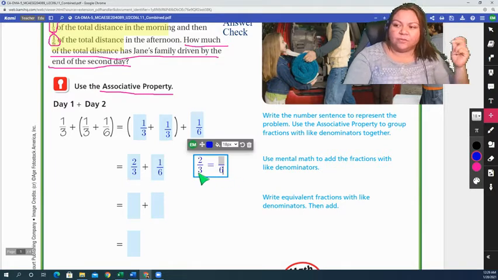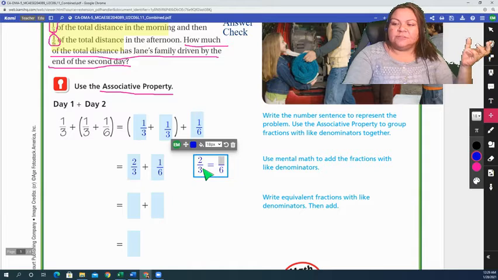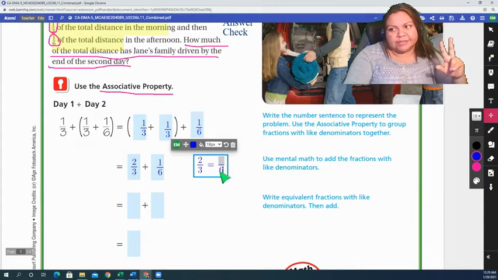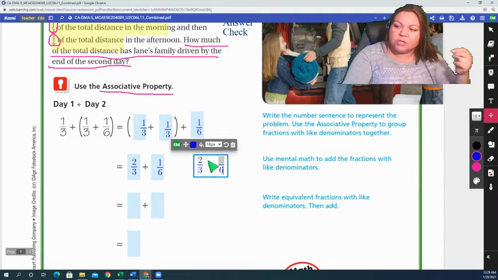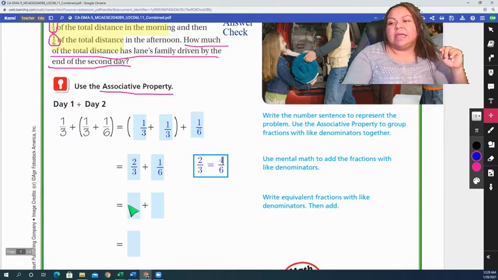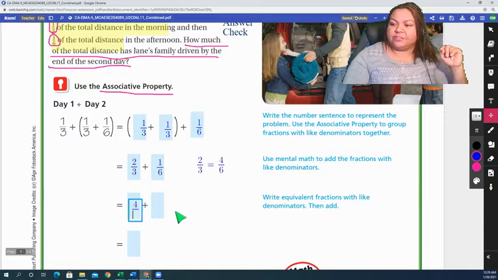Remember, when you're finding the equivalent fraction, you need to find what you multiply the denominator by in order to get 6, because that's the denominator we want to use. So 3 times 2 equals 6. So I'm going to multiply the denominator by 2 to get 6. And if I multiply the denominator by 2, I need to multiply the numerator by 2. So 2 times 2 equals 4. So my fraction here is going to be 4/6.